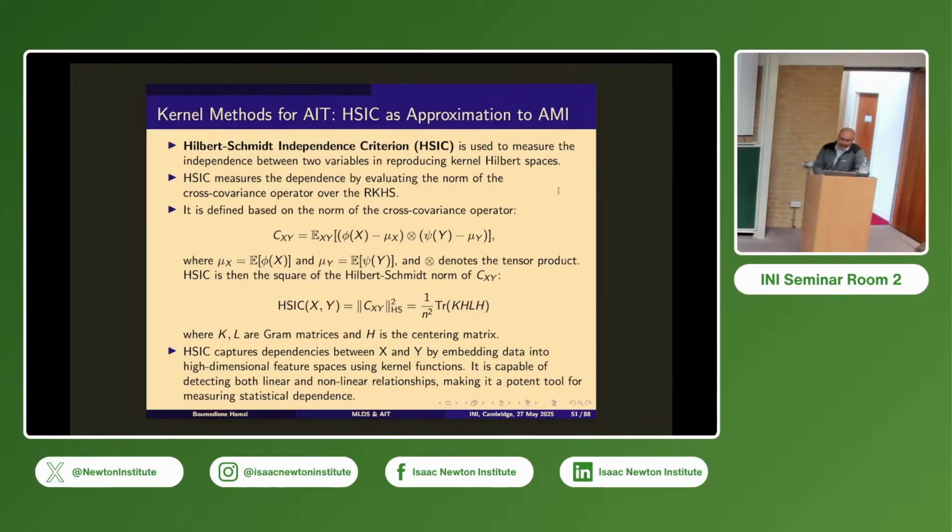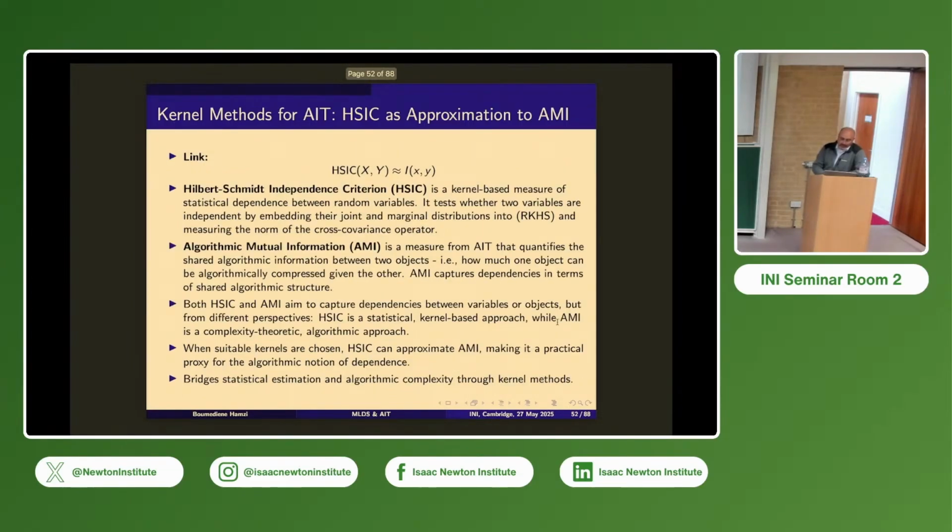It measures the dependence by evaluating the norm of the cross-covariance operator over an RKHS. So it's computed as follows. HSIC captures dependencies between X and Y by embedding data into an RKHS and then computing the cross-covariance operator. And what we proved is that HSIC is an approximation of the algorithmic mutual information.